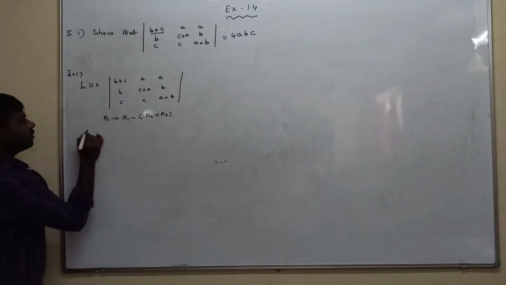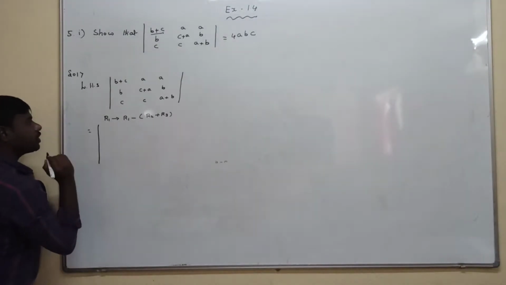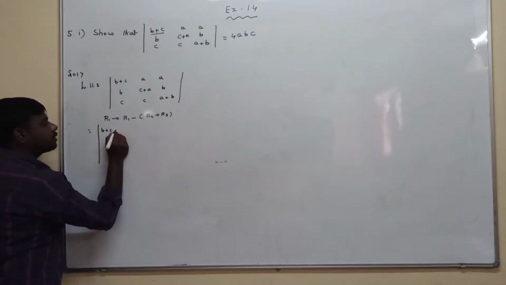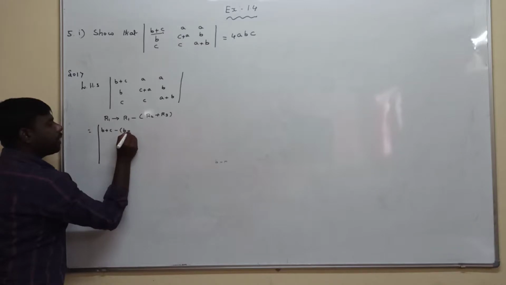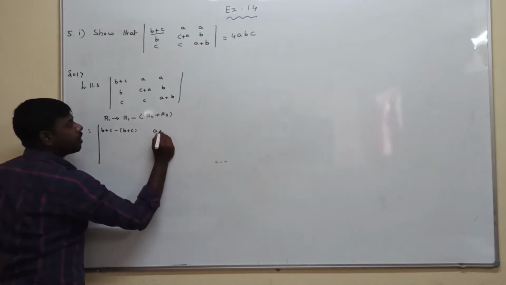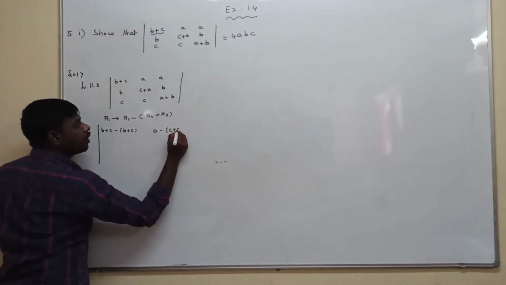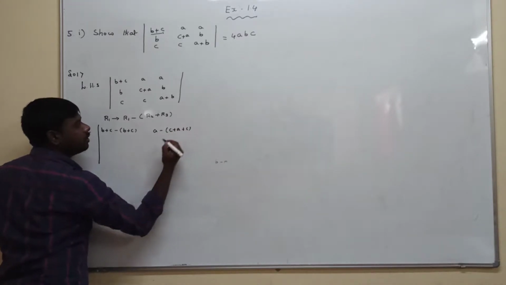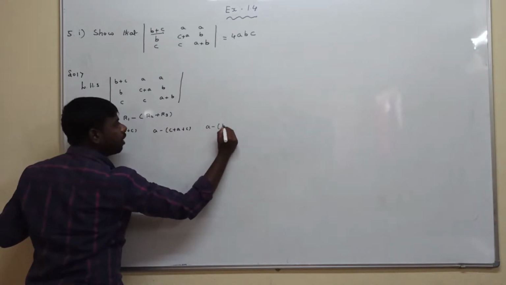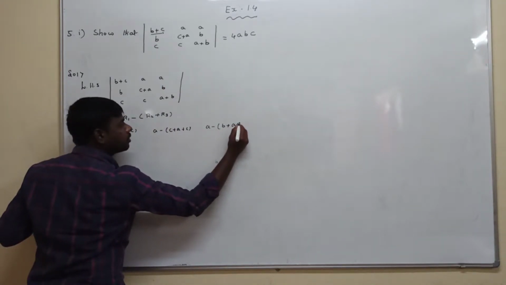Applying this operation changes the first row only. So R1 changes to R1 minus (R2 plus R3).